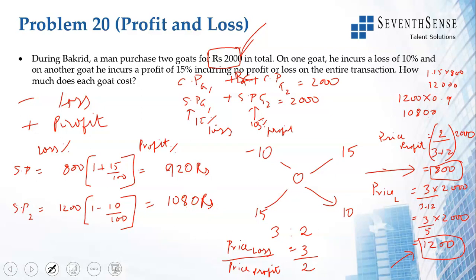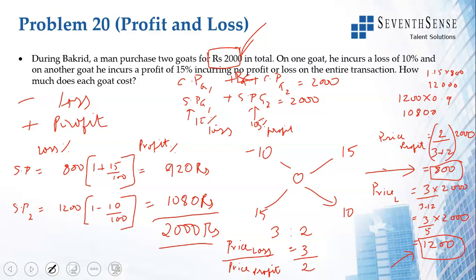So the cost prices of both the goats are 800 and 1200. Together it is 2000. Selling prices of both the goats are 920 and 1080 respectively. If I add this, I'm getting 2000 rupees. So the selling price of both the goats combined is also 2000.